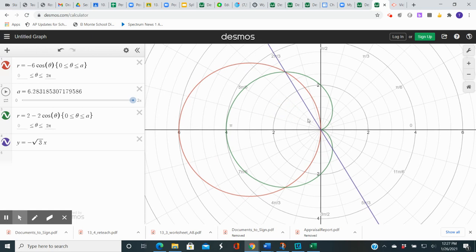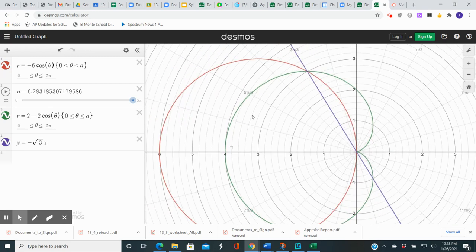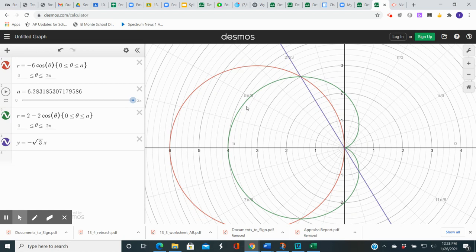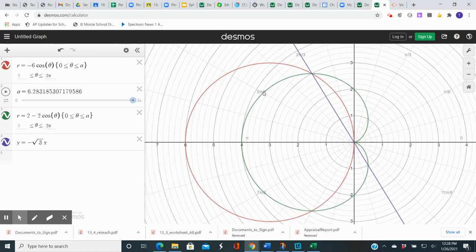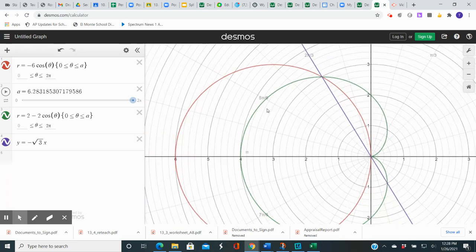And this subregion between the purple line and the line containing the polar axis and the graph of r is equal to 2 minus 2 times cosine theta is bounded by the radial line theta is equal to 2 pi over 3, and the radial line theta is equal to pi, and the graph of the polar equation r is equal to 2 minus 2 times cosine theta. So you're going to write 1/2 times the definite integral from 2 pi over 3 to pi, and the integrand is going to be the equation for the cardioid, which is 2 minus 2 times cosine theta, and you have to square it.